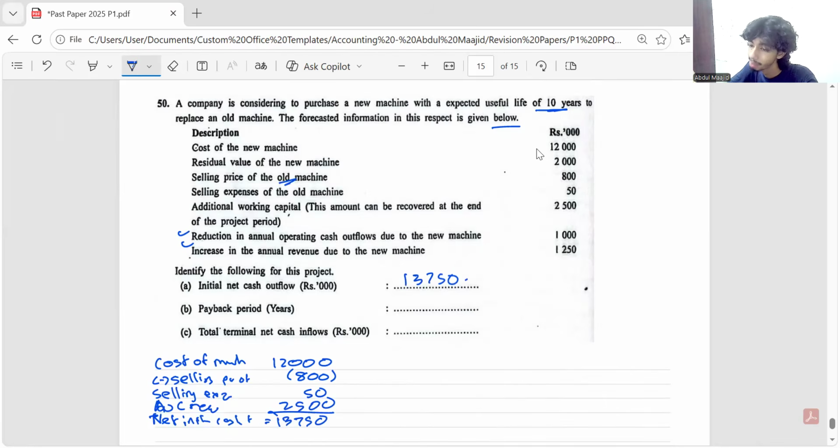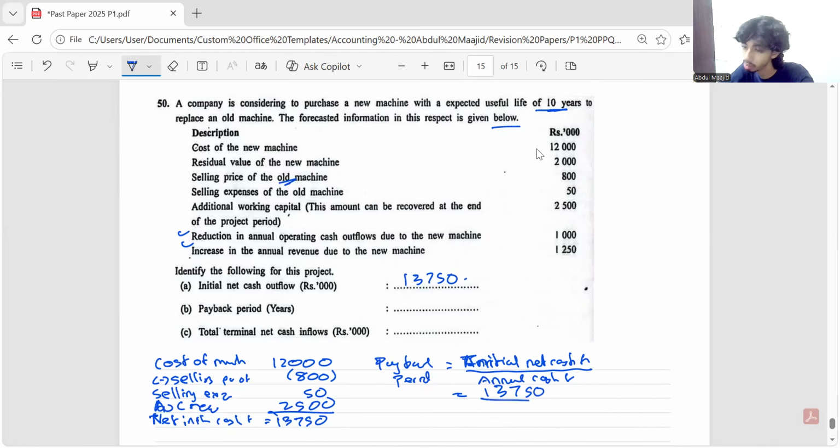13,750. Payback period equals initial net cash flow divided by annual cash flow. Initial net cash flow 13,750 divided by annual cash flow.